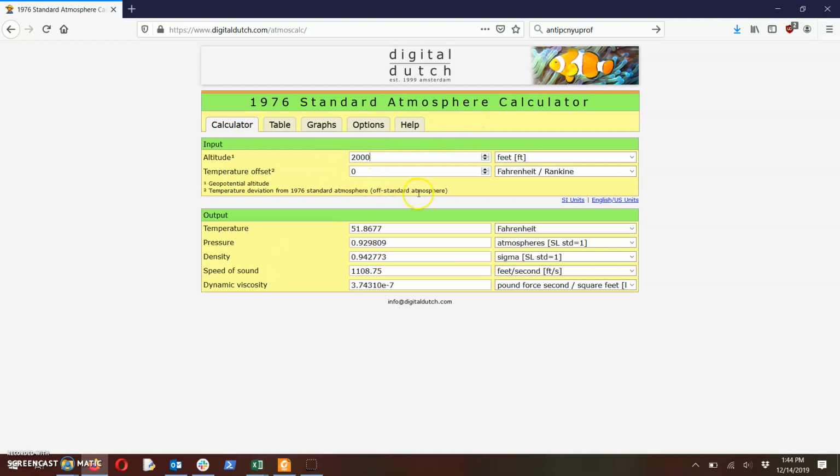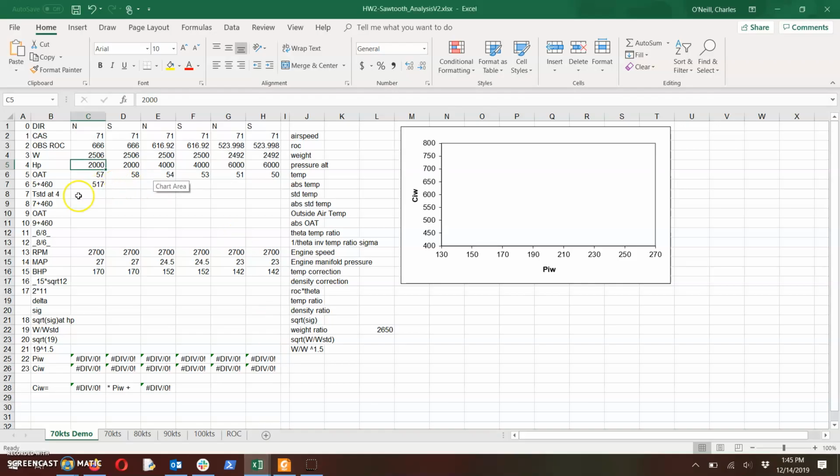At 2,000 feet, the atmospheric pressure ratio is 0.929. The temperature is 511 Rankine. So we can just go ahead and plug 511 Rankine.